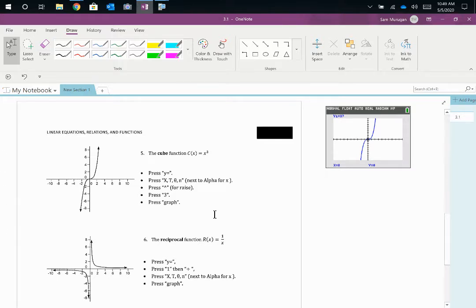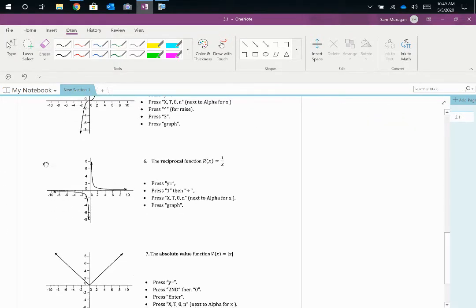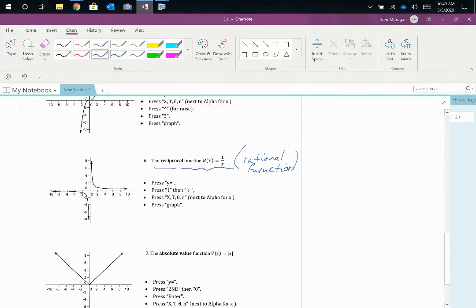Next, the reciprocal function. This is sometimes called the rational function. Okay, this is the basic reciprocal function. A rational function could be any function over another function.